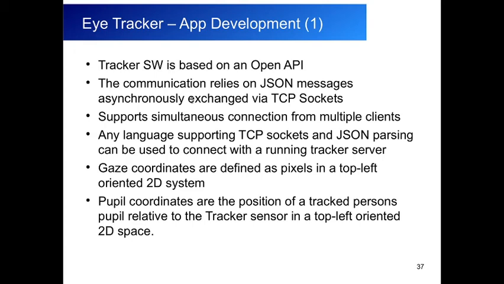The coordinates are defined in pixels from the top left, oriented to the top left as usual, because generally you have 0 in the top left corner, and the pupils are tracked in different positions, so it's not so easy to map it.